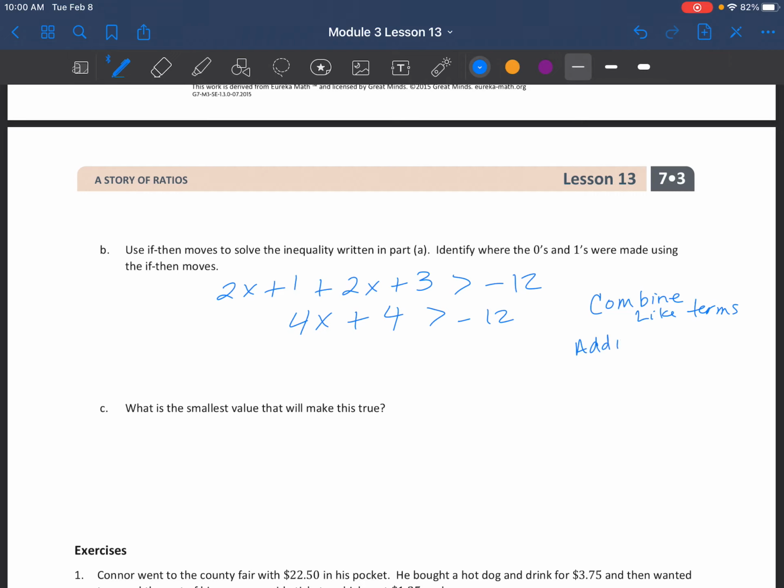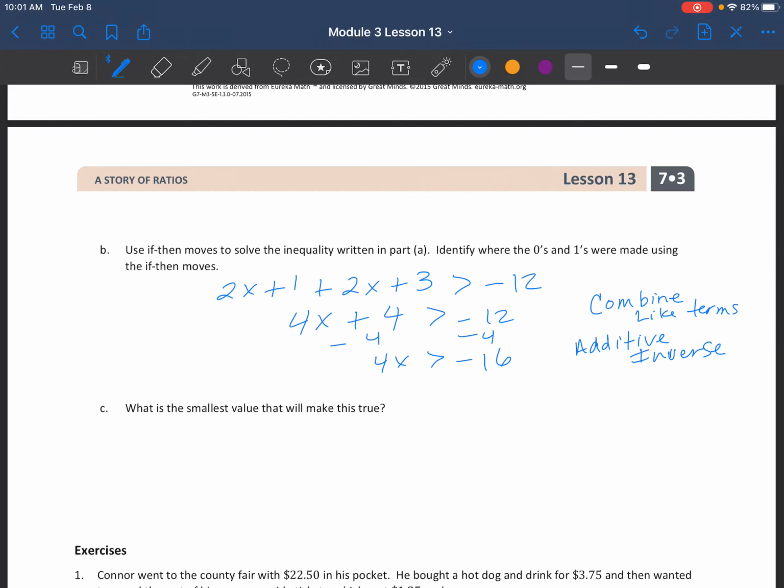That's going to be 4x plus 1 plus 3 is 4 is greater than negative 12. Now that I have my inequality with all like terms combined, I'm going to start by using the additive inverse, which would be to subtract 4 from both sides.